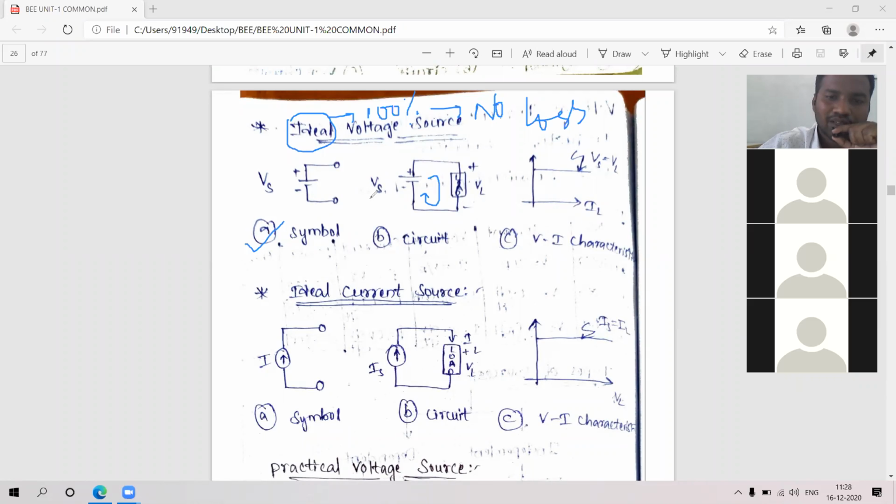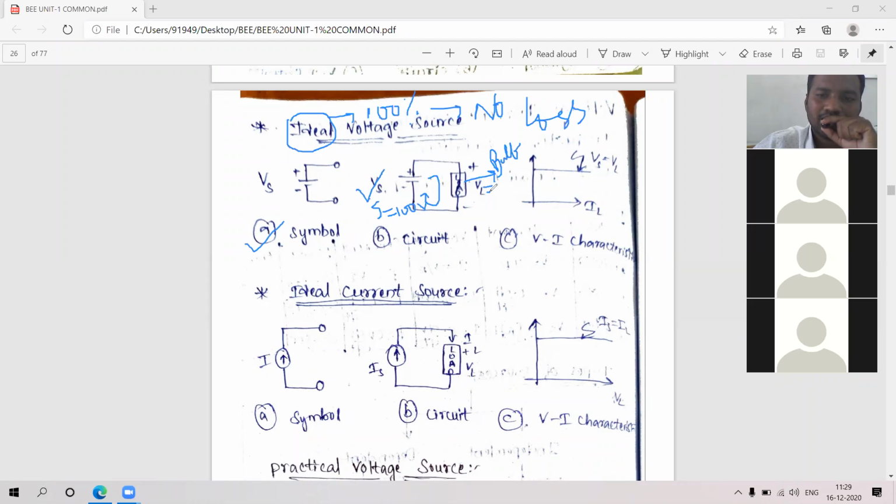Here, Vs is the source voltage and VL is the voltage drop across the load. Just assume that it is a bulb. I am giving the voltage to the bulb. Suppose I have given 100 volts.